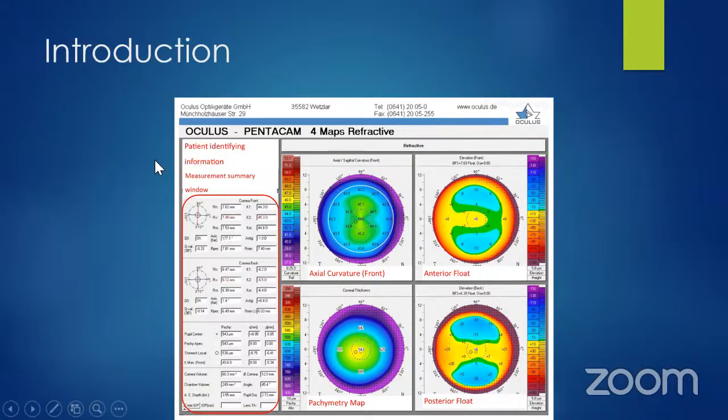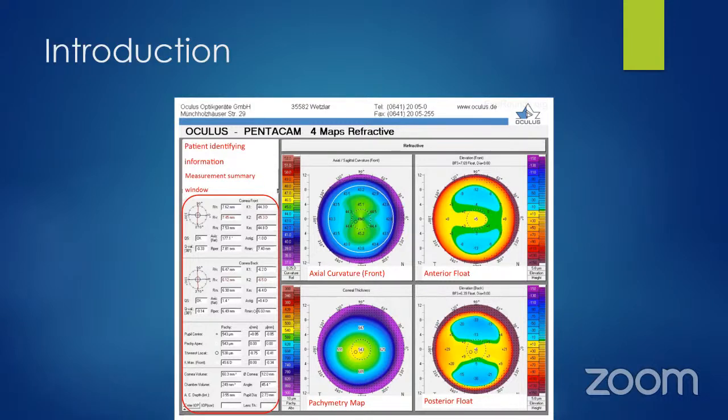If you change this color scale, then the map colors would change and you may think there is a progression. Before you compare 2 different reports, please make sure you are looking at this scale, whether it is every 2 diopters, every 1 diopter or 0.5 diopters. That's the reason doing it in the same machine with the same scale always has more value.